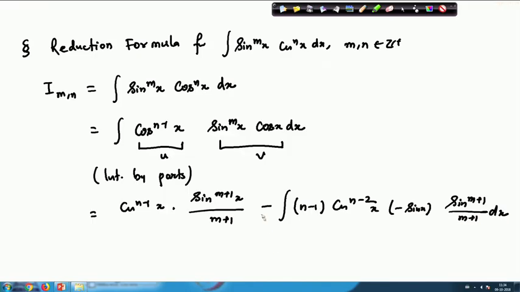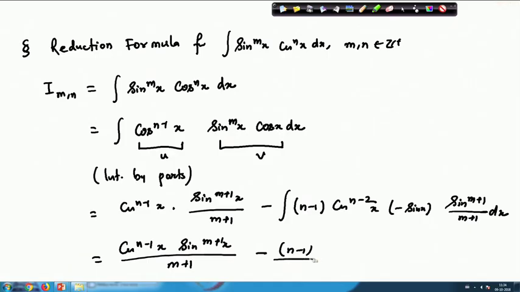So if I use those formulas, then this will reduce to cos n minus 1 x times sin m plus 1 x divided by m plus 1, and minus n minus 1 divided by m plus 1 times the integral of sin m plus 2 x cos n minus 2 x dx.